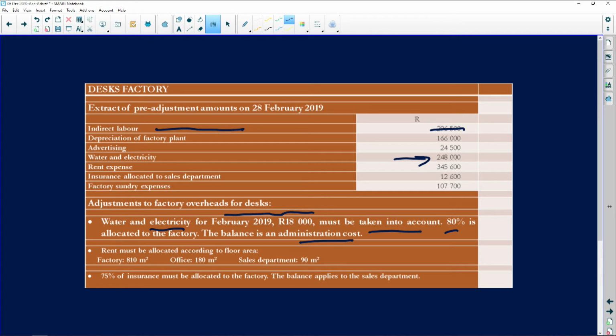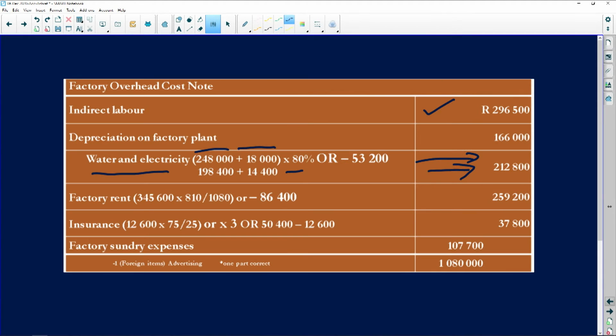The next one is your depreciation of your factory plant. 166,000, immediately you go here, slot it in, 166,000. So obviously those are items that did not require adjustments. So you took them as is from the information that was given to you from your extract of your pre-adjustment amounts on the 28th of February.